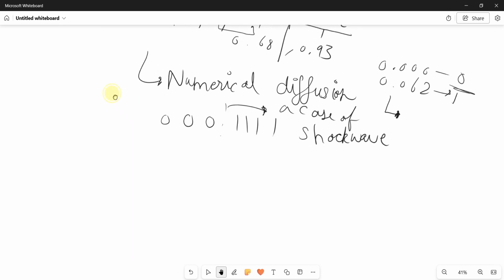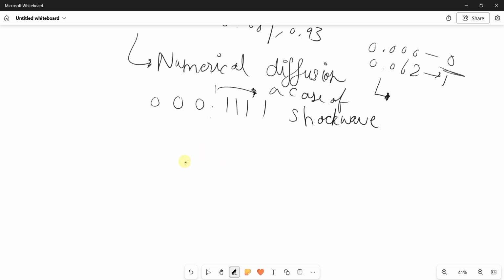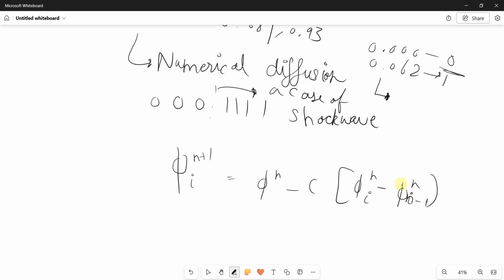So just in case anyone didn't understand, I'll rewrite the formula. phi i at n plus 1 is equal to phi i at n minus c times phi i at n minus phi i minus 1 at n, right? So what does this say?